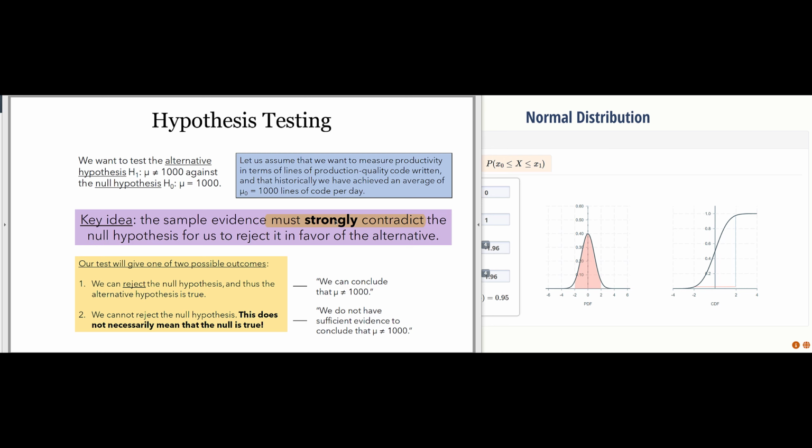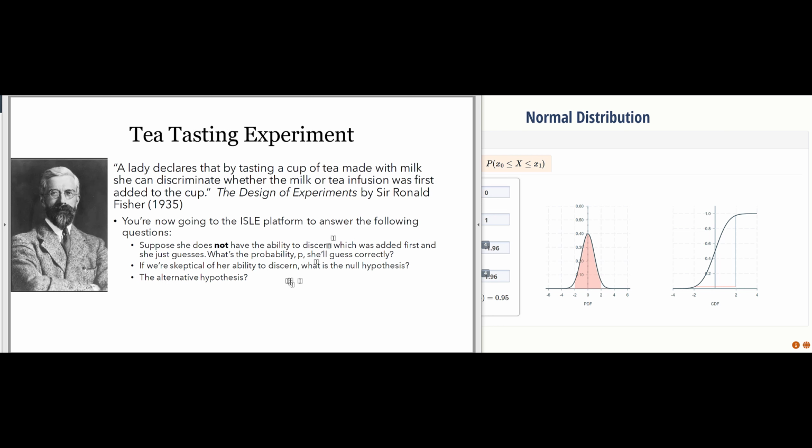Well, we now have enough background that we can be specific. We can specify numerically what we mean by strongly contradicting. All right, and this is going to involve our confidence intervals and our levels of confidence.